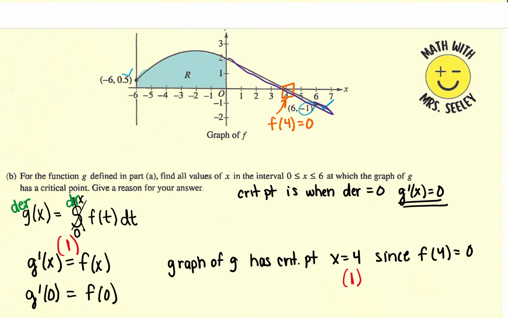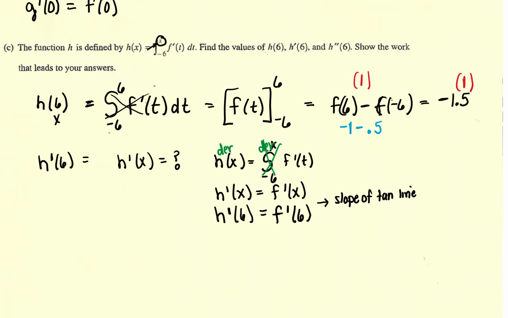What is the slope of this line right here? Well, I'm going to go down 2 and over 4, or down 1 and over 2. So the slope is negative 1/2. If you find that value, give yourself a point.